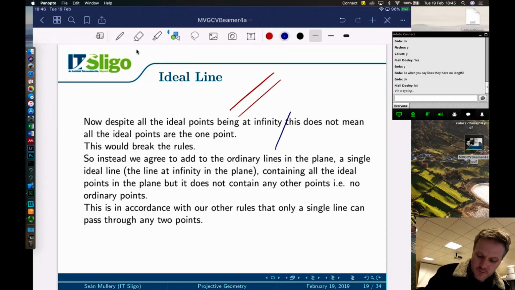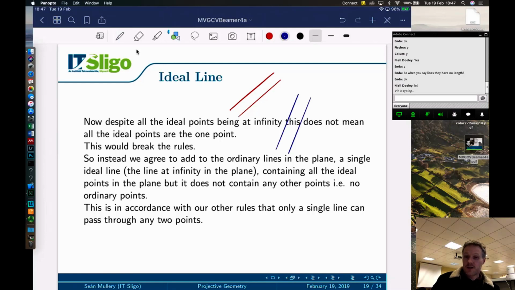If I've got two different parallel lines there, which I should have drawn parallel, sorry, they're going to meet at a different ideal point, which again is common to the two of them, but it's not the same ideal point as the one for the red lines. So despite the ideal points being at infinity, this does not mean that all the ideal points are the one point. This would break the rules.